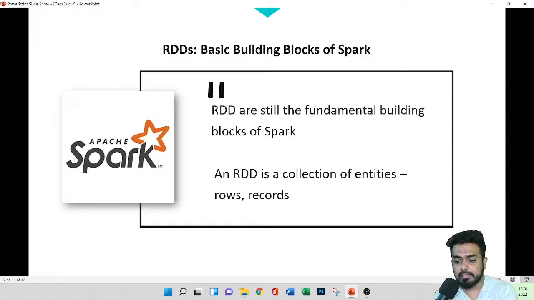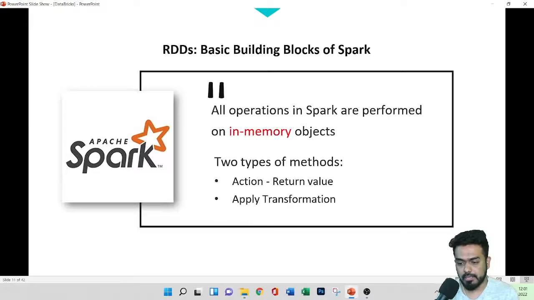An RDD is a collection of entities, which could be rows, records, or anything. We will not get into much detail on how to create RDDs and other stuff. If you know it, very well and good. Just remember, it is a collection of rows and records, and all the operations in Spark are performed on in-memory objects. There are two types of methods, whether it's an action that returns a value.